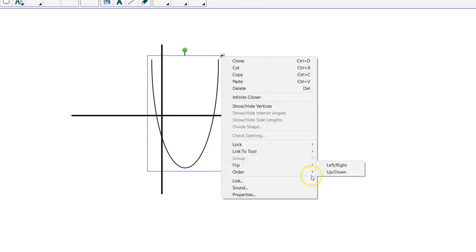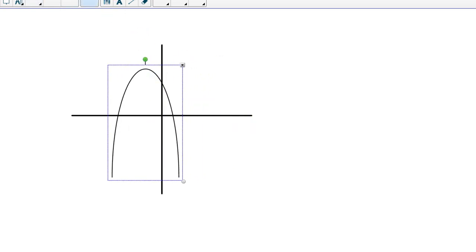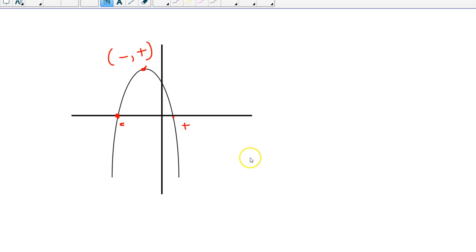Now in this case, the vertex, you look for a vertex with x value negative, the negative side, and y value has to be positive. And in the same way, one x-intercept has to be negative and the other x-intercept must be positive. So likewise, you can just study the graph and figure out whichever function is most appropriate.